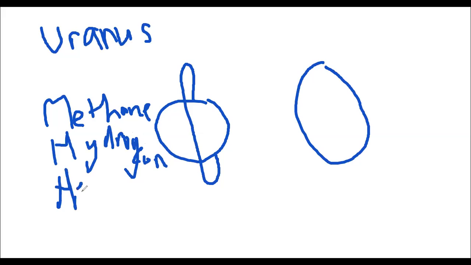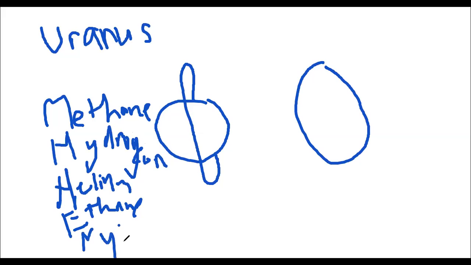So it has hydrogen, helium, nitrogen, and ethane. So it has so many elements that make it have this bluish tealish color. So that's a really fun fact about Uranus.